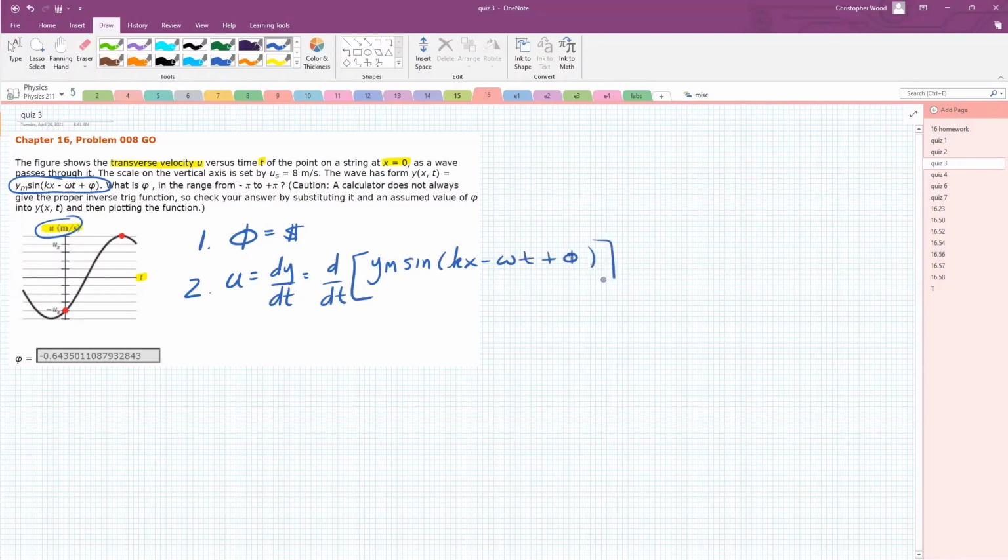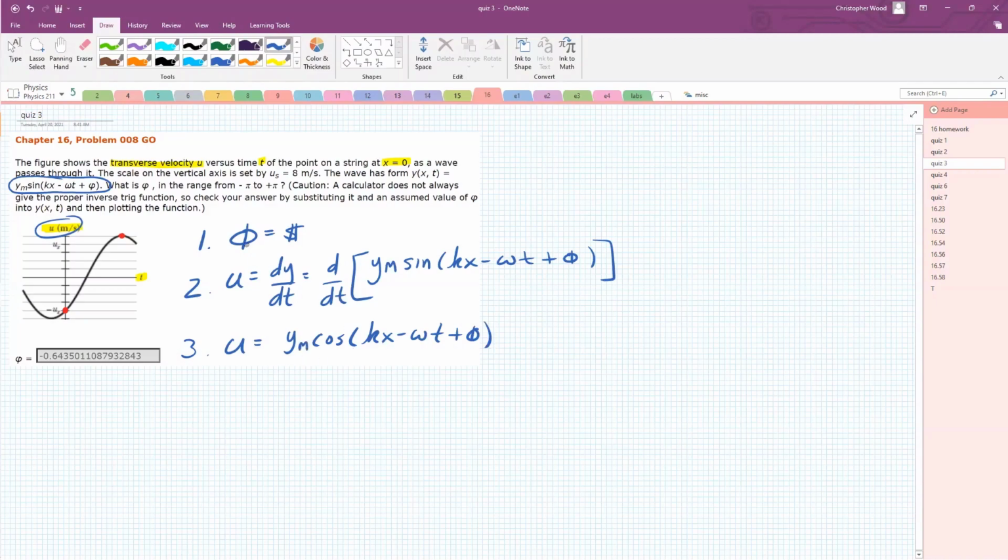We have to take that time derivative. Here goes. We're going to get good at taking derivatives of sines and cosines. I have cosine of that argument, kx minus omega t plus phi, and y sub m remains unchanged.